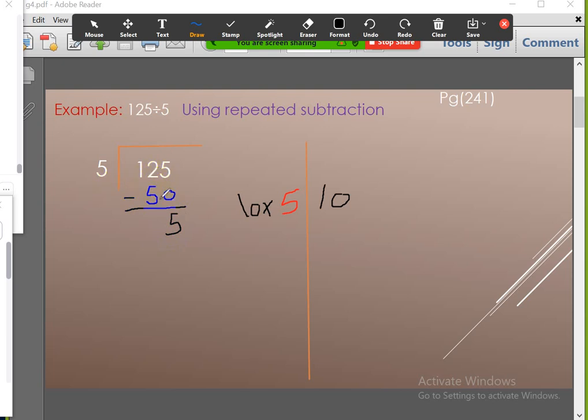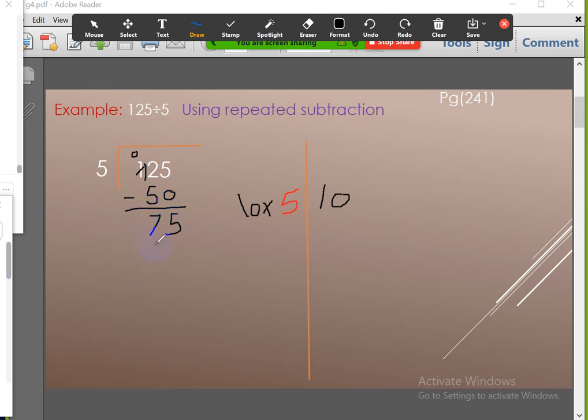No. Very good. So what I have to do, I have to borrow from the 1. The 1 will be 0 and the 2 will be 12. Now 12 minus 5 equals what? Count from 5 to 12. After 5, 6, 7, 8, 9, 10, 11, 12. So the answer on your fingers will be 7.